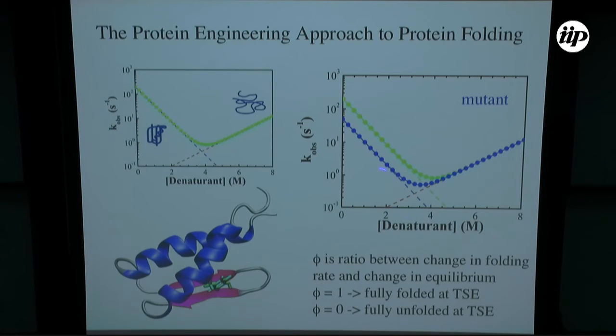Okay? And now what you see is the effect in the kinetics, and in this particular example that I have here, you can see that the unfolding rate didn't change at all, right? And the folding rate constant decreased.